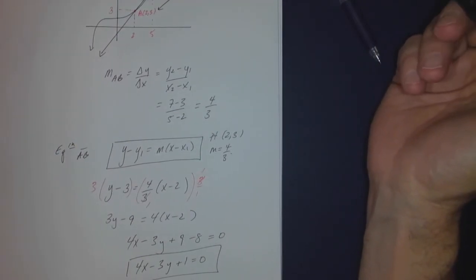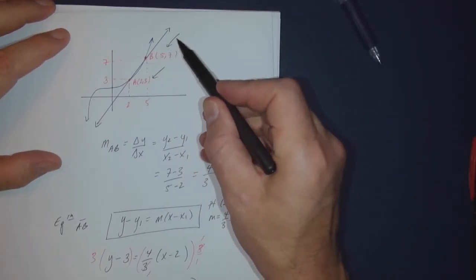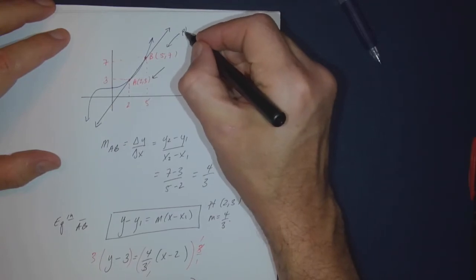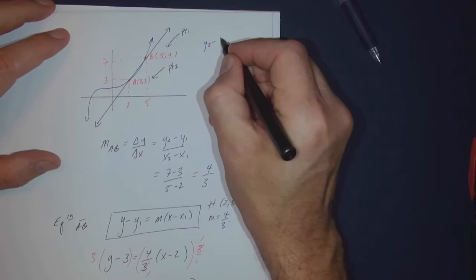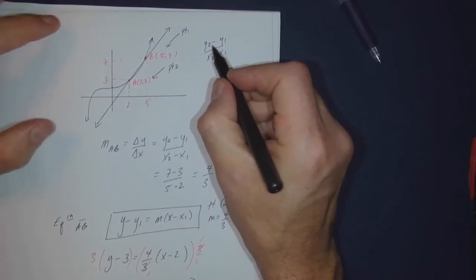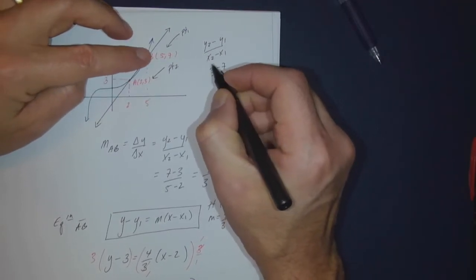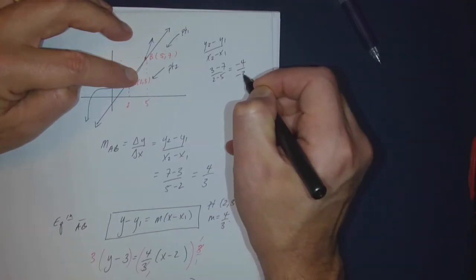A couple of things to keep in mind here. It wouldn't have mattered if I decided to make this my point 1 and this my point 2. Let's see how that would have worked. If I made this point 1 and this point 2 in this case, then y2 minus y1 over x2 minus x1 would simply have been 3 minus 7 over top of 2 minus 5, negative 4 over negative 3.